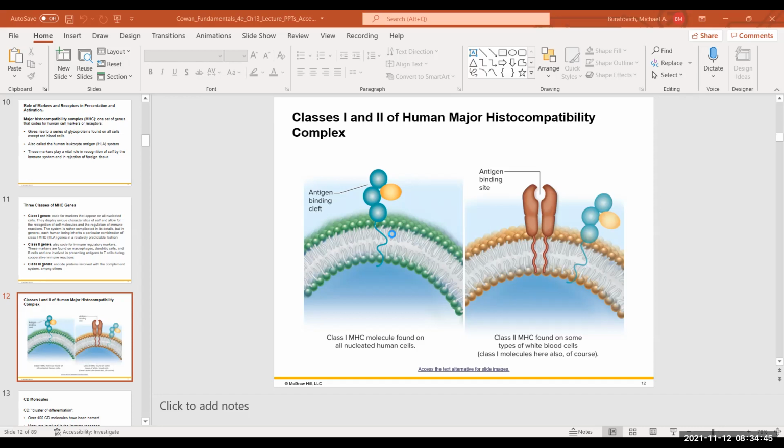So let's talk about the light chain first. The light chain is encoded by a variable region, a joining region, and a constant region. A V, a J, and a C.